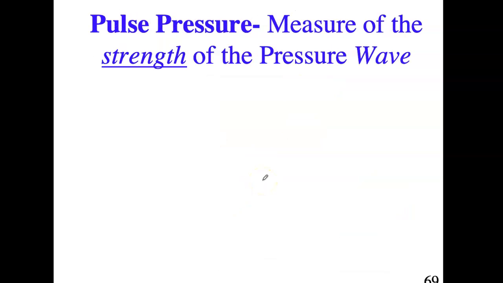Another concept is that of pulse pressure. That's a measure of the strength of the pressure wave. I'm talking about it crashing against the walls of vessels, and you want to think, well, is that a problem? And what is the pressure of that pulse?